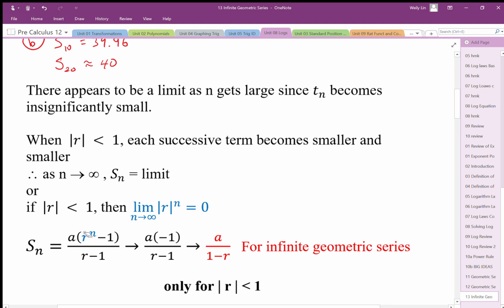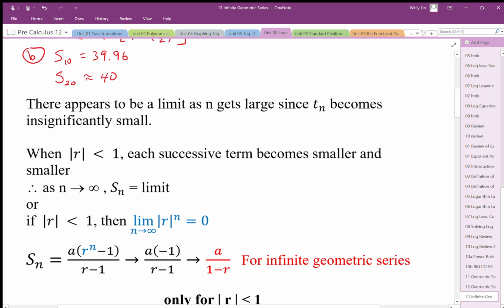So this part of my formula becomes 0. And what ends up happening is I get this and I rearrange it into this. So if my series is infinite and it's getting successively smaller, as long as it's a geometric series, it's different for other series, but for a geometric series, we know that it converges to a limit, and the limit is this formula here.